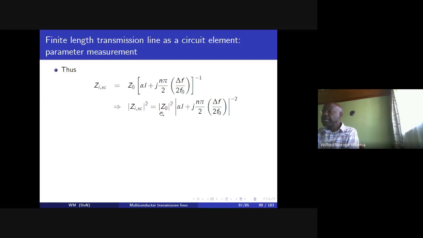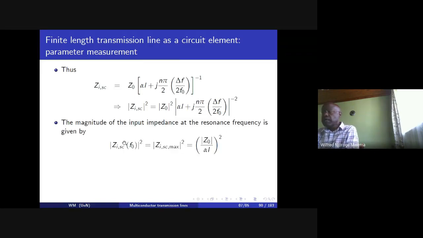And we can see that we can always get the modulus of that as the characteristic impedance modulus squared divided by the square of the modulus of alpha L plus j n pi by 2 delta f by 2 f naught. So the magnitude of the input impedance at resonance is then going to be given by Zi short circuit at f naught squared.